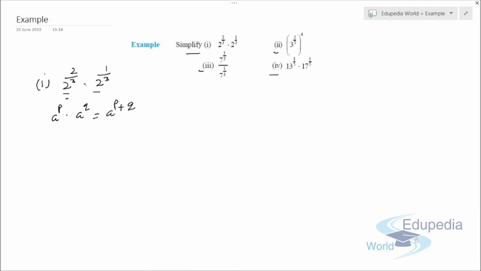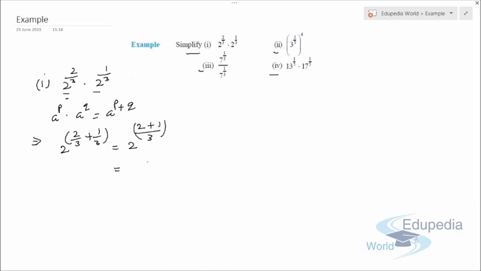Because we have the same base and they are getting multiplied, so we can add the powers. So it can be written as 2 raised to power 2 by 3 plus 1 by 3. We can solve further by taking the LCM of the powers. LCM will be 3, so it will be 2 plus 1.